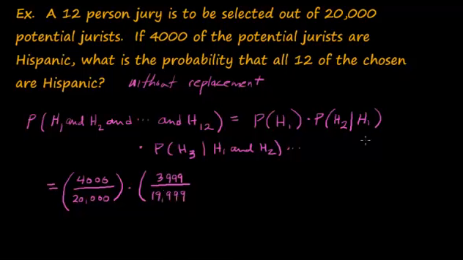So that's the conditional probability here. The probability that the second one selected is Hispanic, given that we already selected the first one that was Hispanic. Okay, and so you can see how this would go. 3,998 over 19,998.